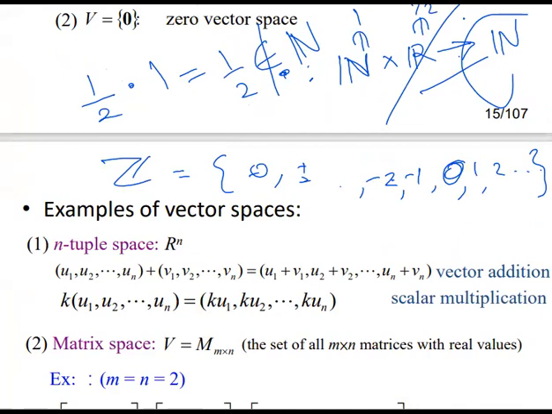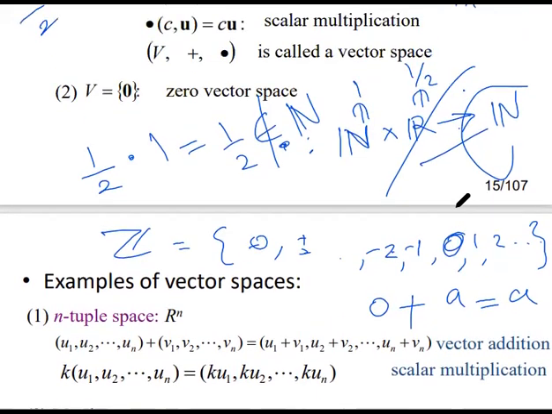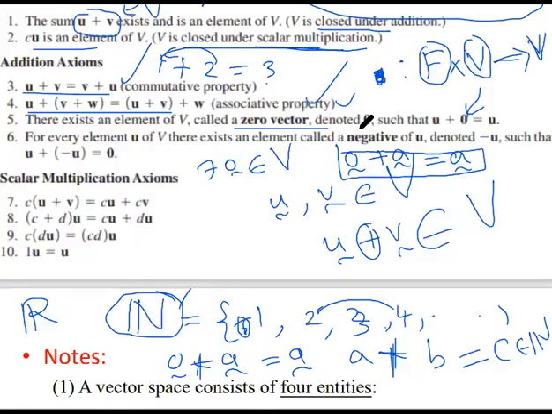So this set contains a 0 element. If you add any element with 0, you get the same element. So this set contains a zero element, right? Okay, so we understand that.